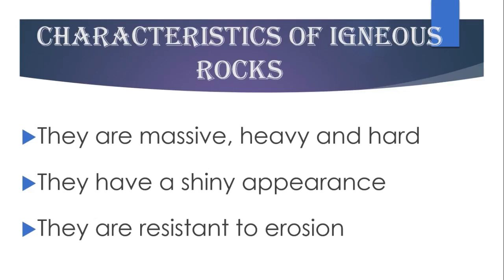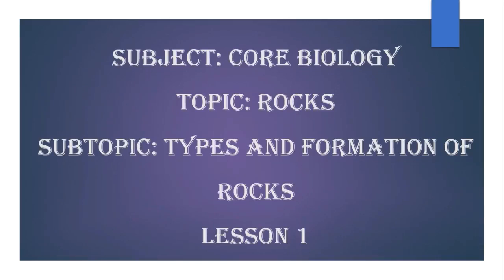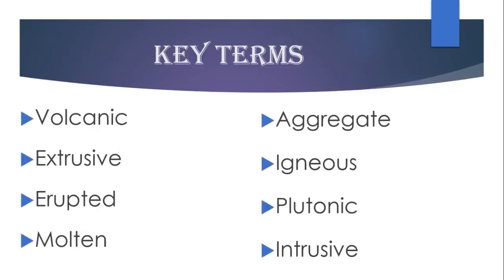Now, this brings us to the end of our topic for today. For today, we looked at our topic, which is rocks. We looked at the types and formation of rocks. We looked at igneous rocks, how they are formed and their characteristics.